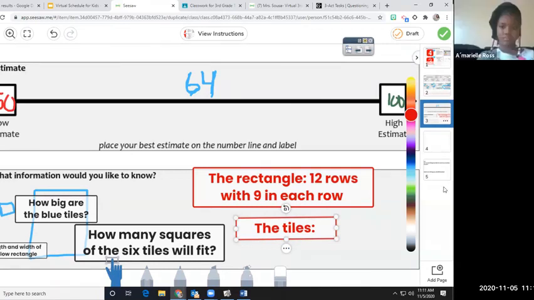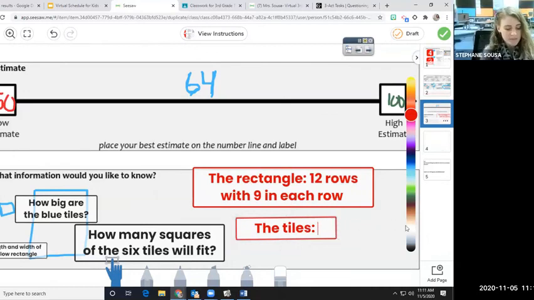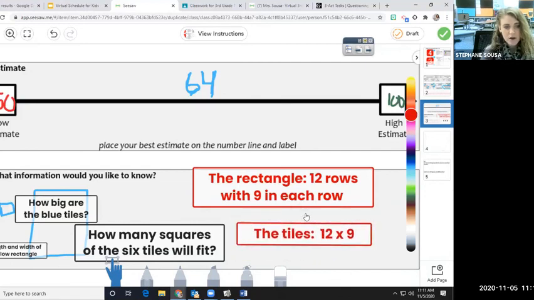All right, all righty. So the tiles are going to fit 12 by 9. This is how many tiles are going to fit inside of that rectangle. The problem is that does not give us a product, okay?